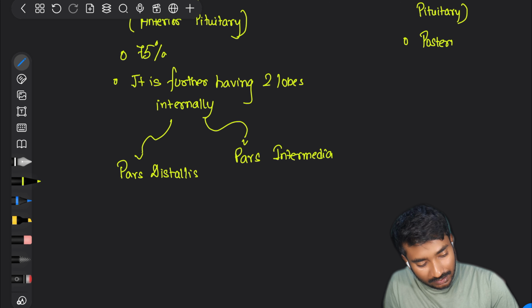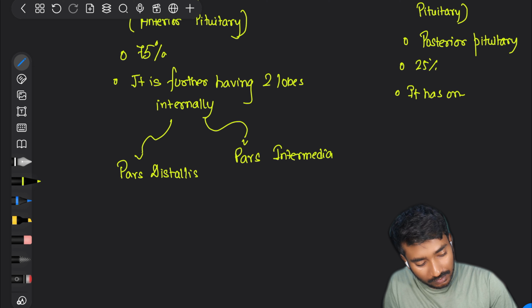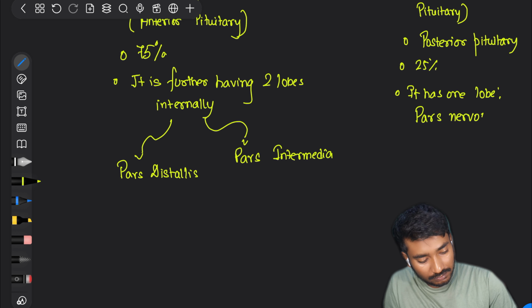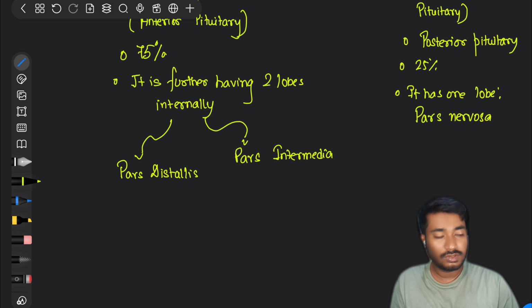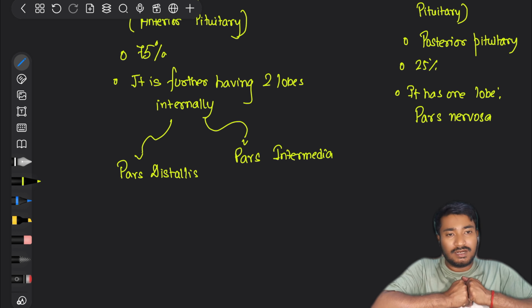This is the posterior pituitary. It is 25%. It has one lobe, pars nervosa. Okay, it has one lobe called pars nervosa.